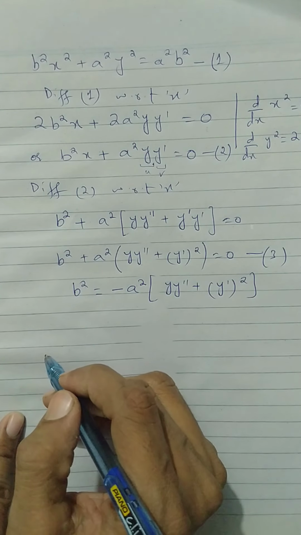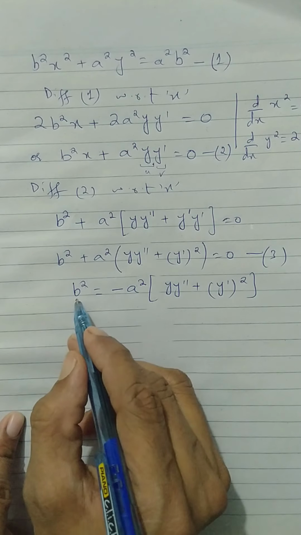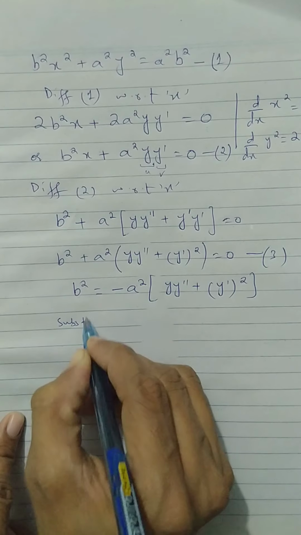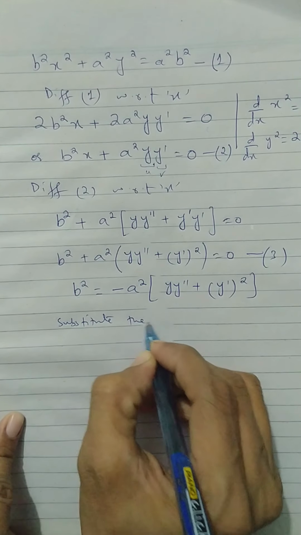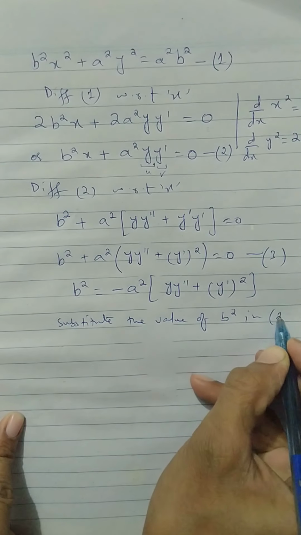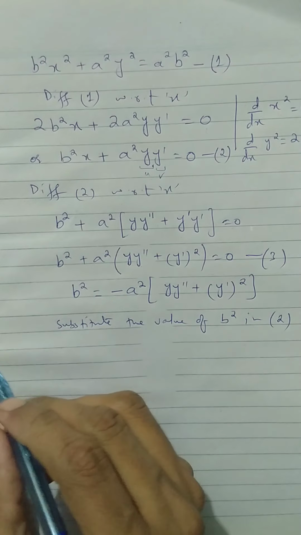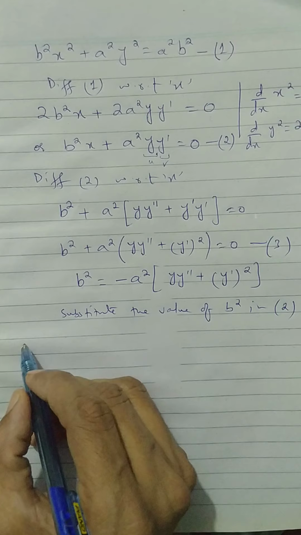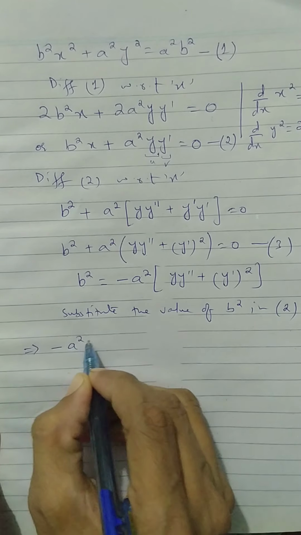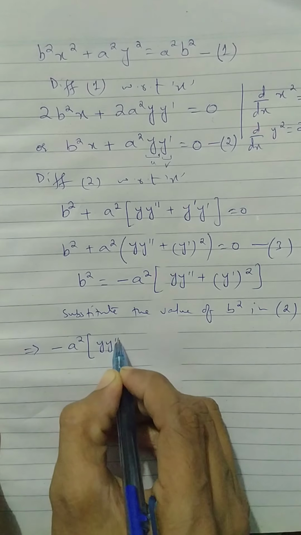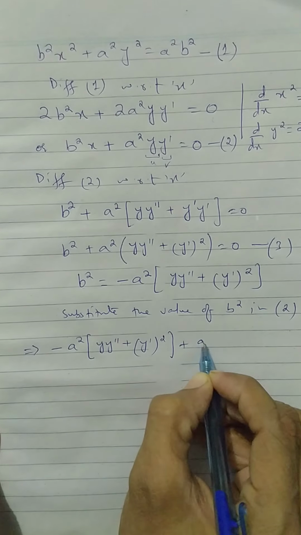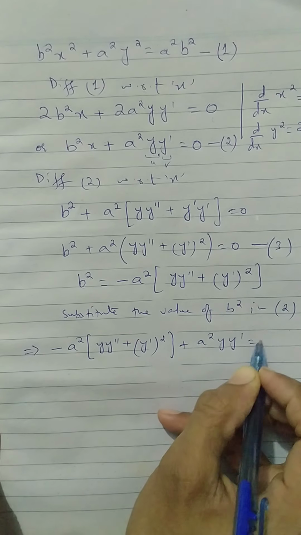I am considering equation number 2. So if I substitute the value of b square in equation number 2, it will be minus a square into y double dash plus y dash whole square plus a square y into y dash equals 0.